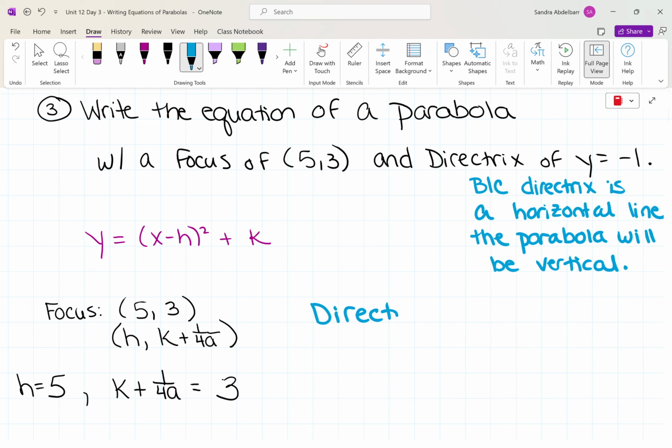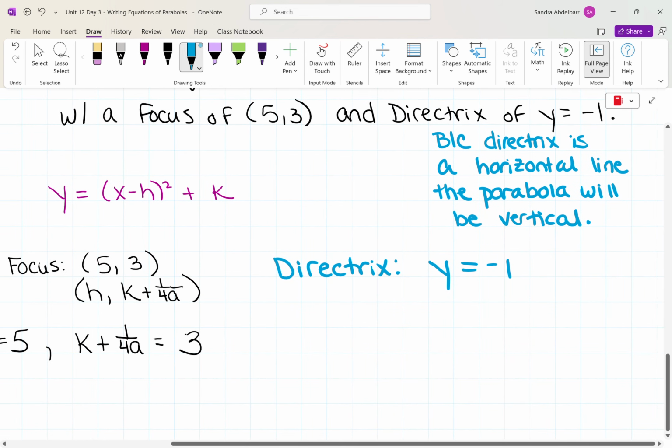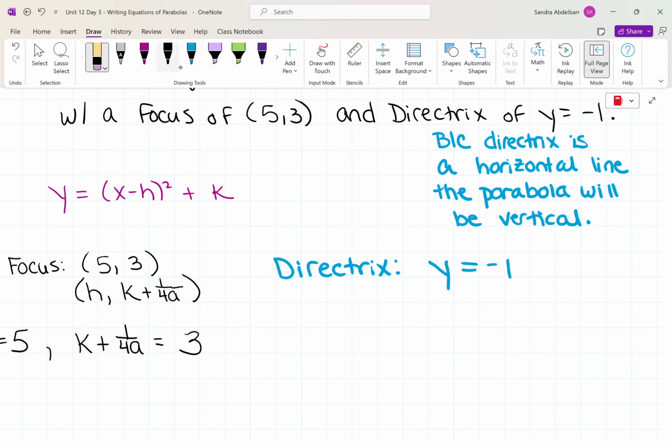Let's keep going. The next thing they gave us was the directrix, and the directrix for us is y equals -1. Now, if you memorized your formulas, for a vertical parabola the directrix is y equals k minus 1 over 4a.